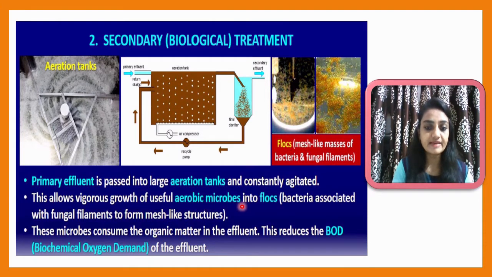After the growth of useful aerobic microbes, they are converted into flocs, that is, bacteria associated with fungal filaments. Bacteria associated with fungal filaments form a mesh-like structure, and that is called flocs. It is like a semi-solid structure. Here you can see this mesh-like structure.